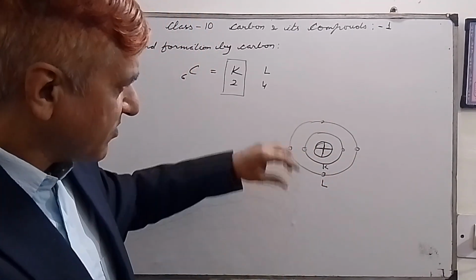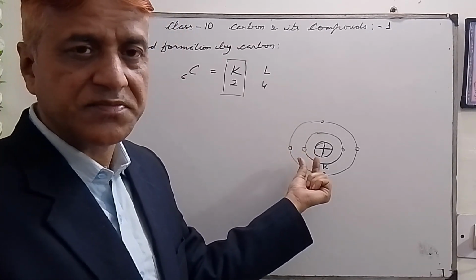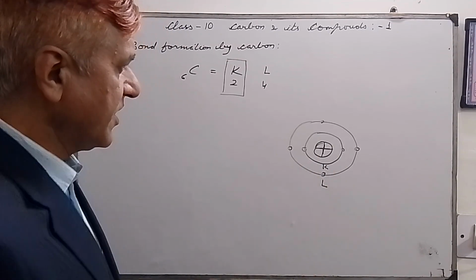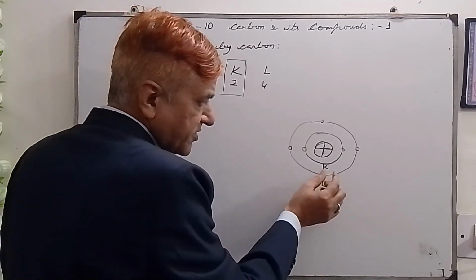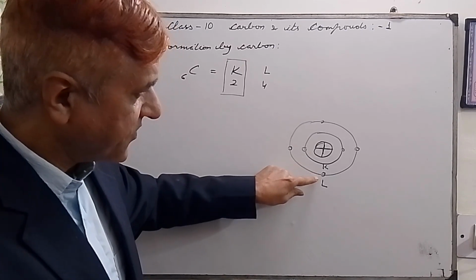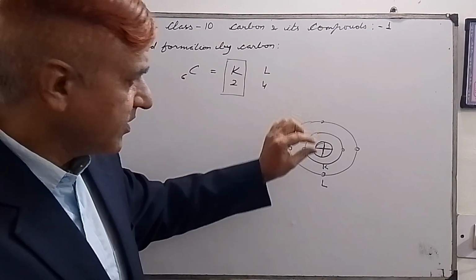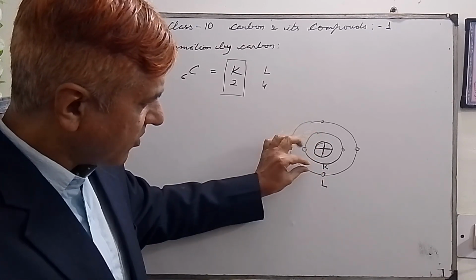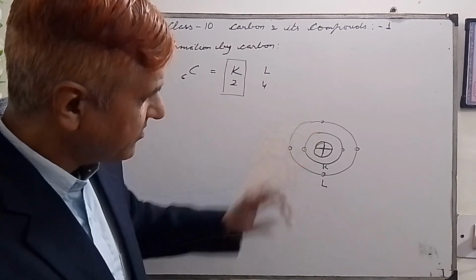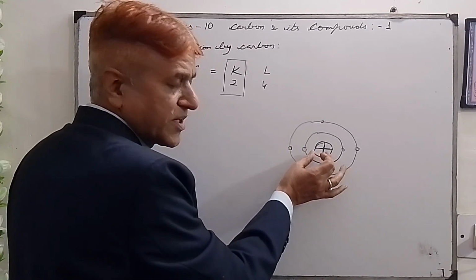Why is the carbon atom small in size? Because it has only 2 orbits, 2 energy shells. Due to its small size, the L shell lies very close to the nucleus.